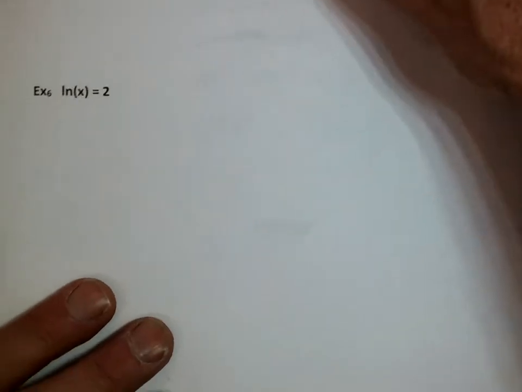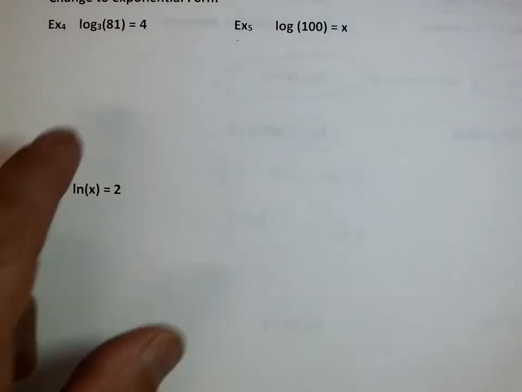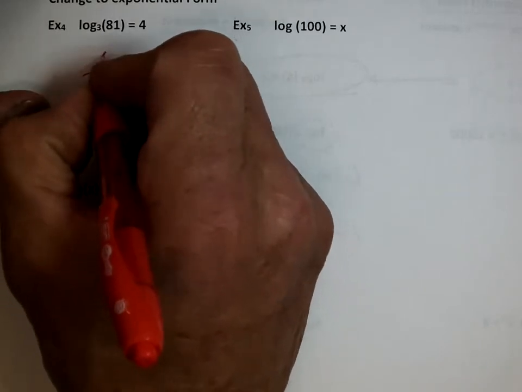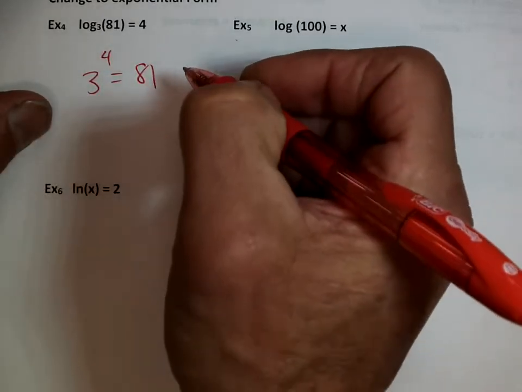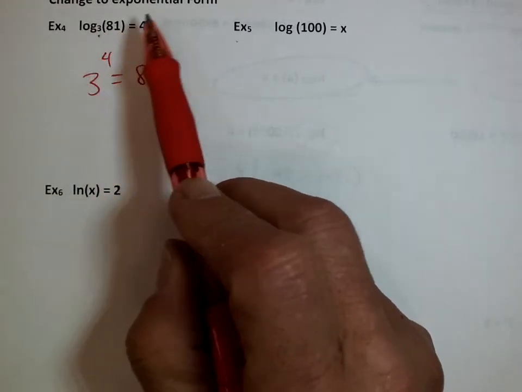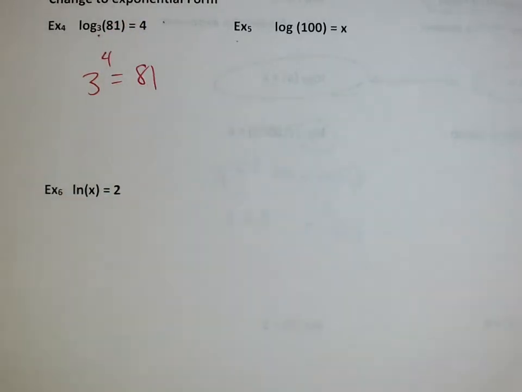Now, number 4. If we had to evaluate this, we're going to rewrite this as 3 to the 4th power equals 81. Just change it. I just rewrote it. See how I did that?